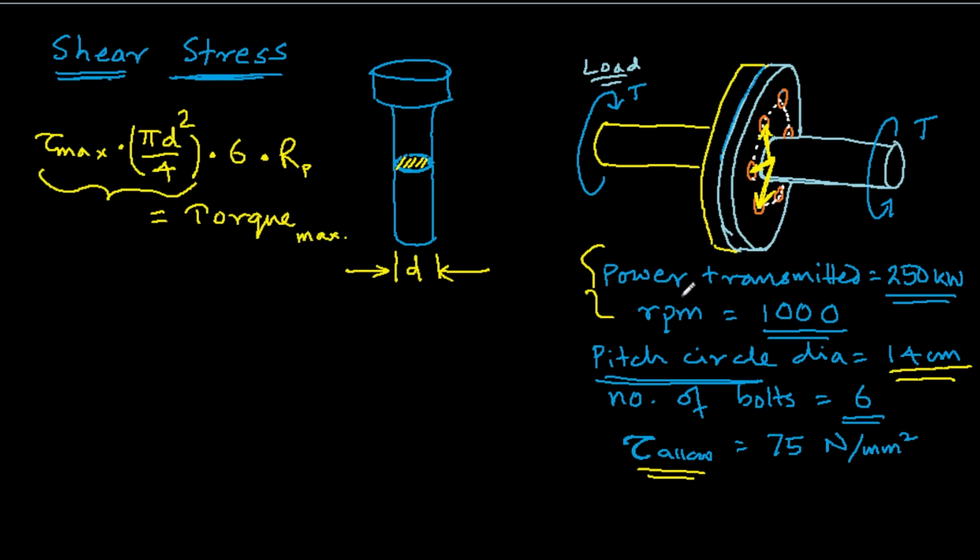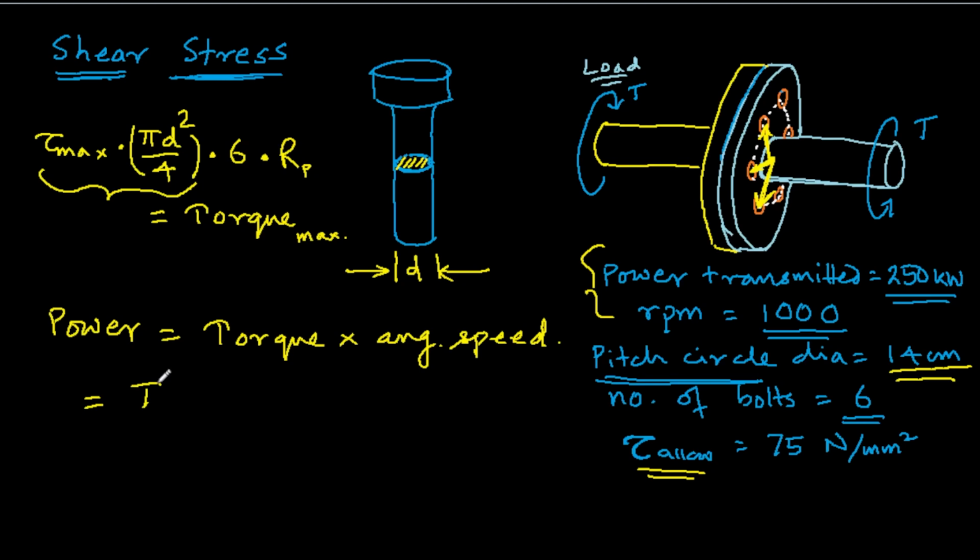But from the power side, how to calculate the torque? Your power is nothing but the torque times the angular speed. So suppose torque is T times the angular velocity. This is 1000 revolutions per minute, so this is revolutions per second, times 2 pi, which gives radians per second.